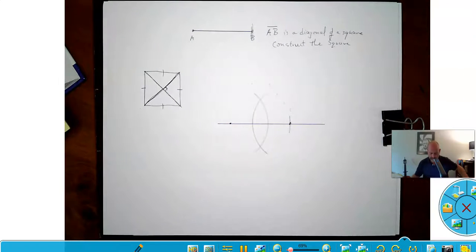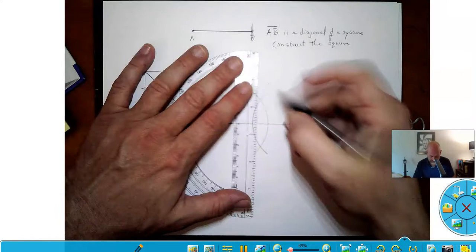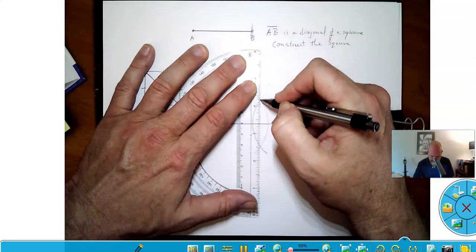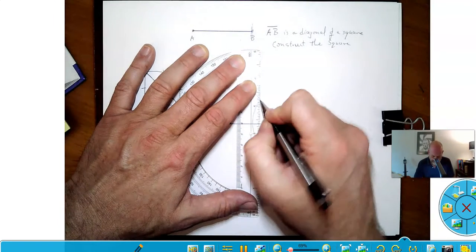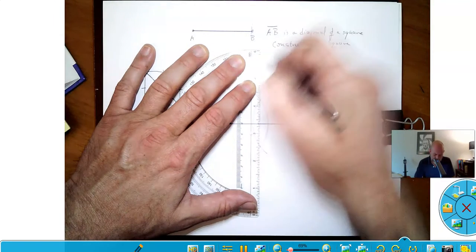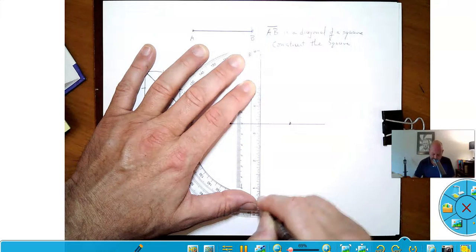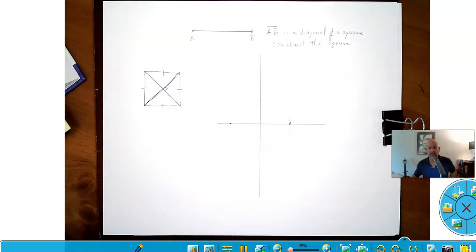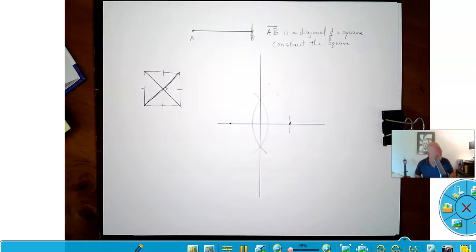There we go. And we just need to connect those dots now. And overextend your line because you're going to be cutting it down. Okay, so now we have the other diagonal, but we don't have it cut down to the size we want.